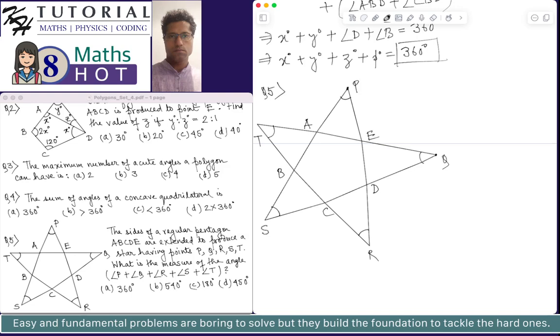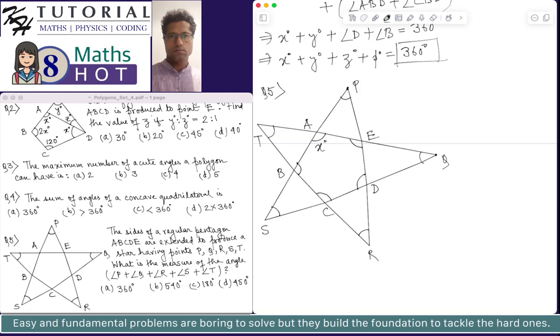So what it is asking is the value of the sum of the corner angles of the star. Fine. We know all these angles are equal. These are the interior angles of the pentagon. Let's say consider this angle to be x degree.